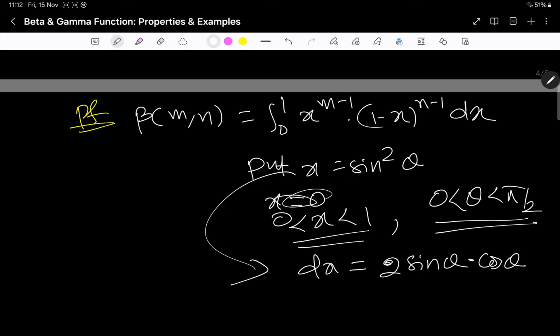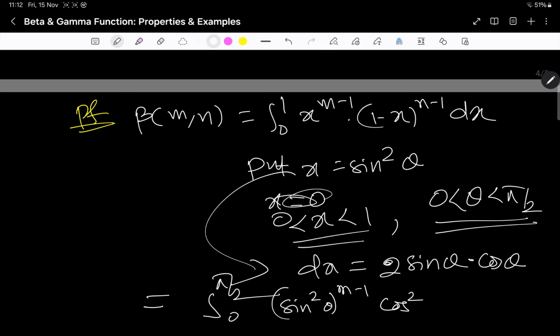So let us substitute this here. So therefore this is equal to 0 to 1 becomes 0 to pi by 2, and x means sine square to the power m minus 1, and 1 minus sine square is cos square theta to the power n minus 1. Again here 2 sine theta cos theta, bring 2 here, it is sine theta cos theta d theta.